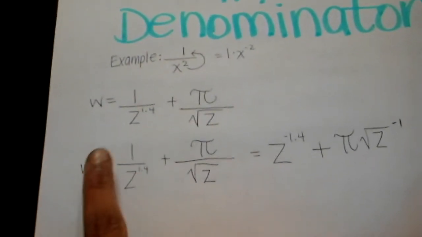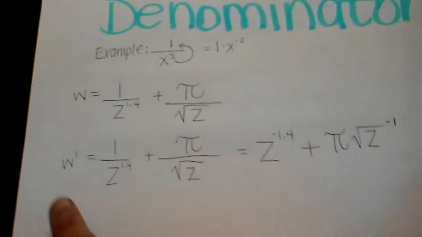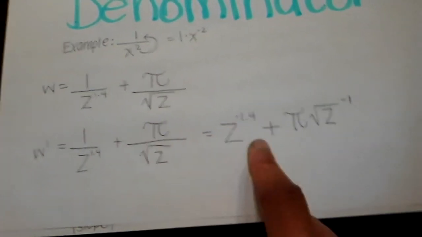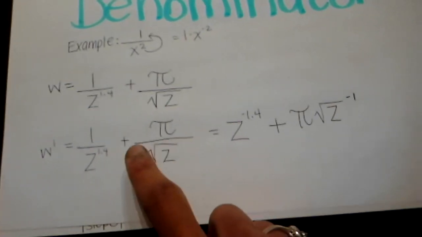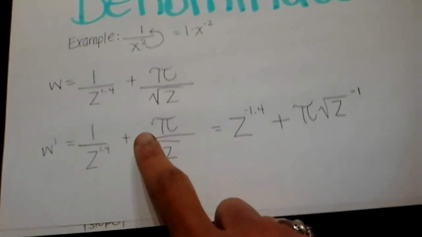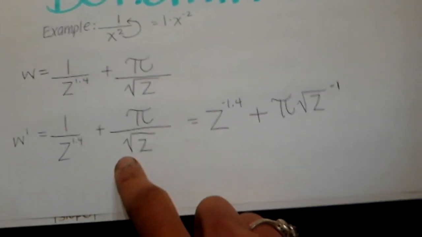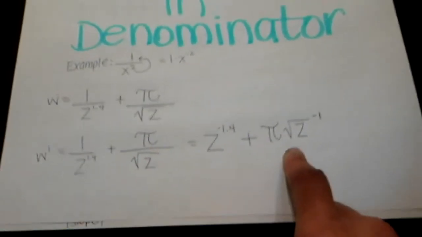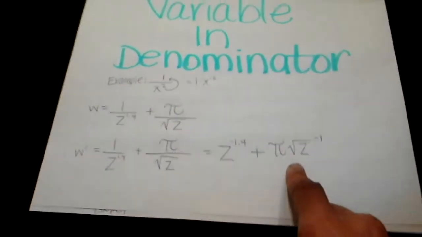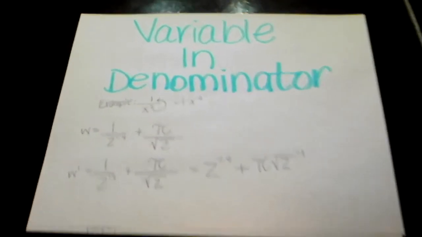The derivative of 1 over z to the 1/4 power will become z to the negative 1/4 power, plus the pi over the square root of z becomes pi times the square root of z to the negative 1 power. And that is your variable in the denominator.